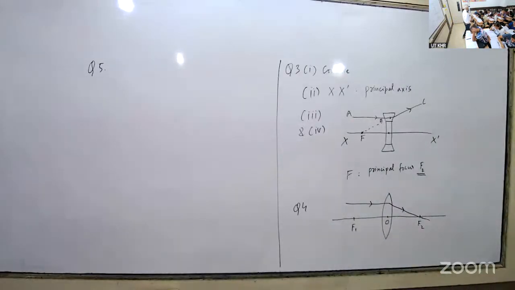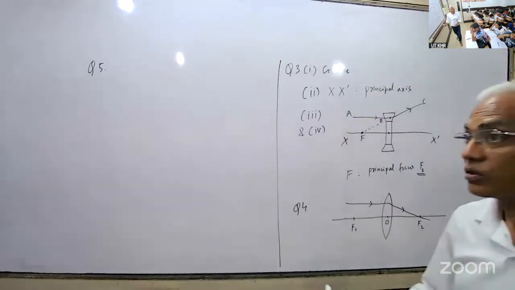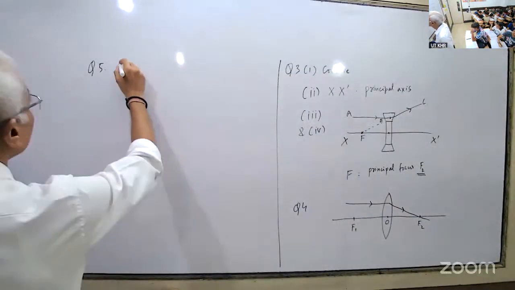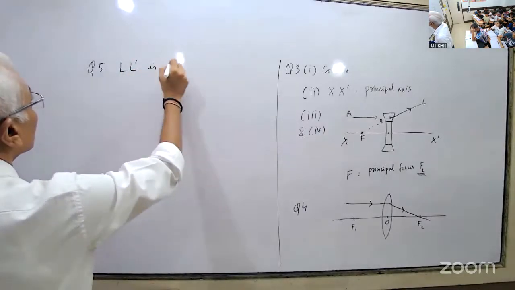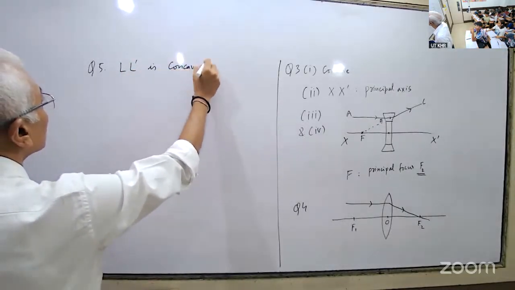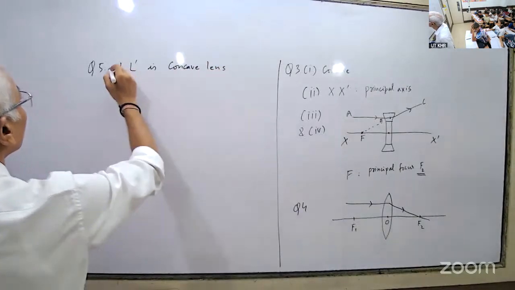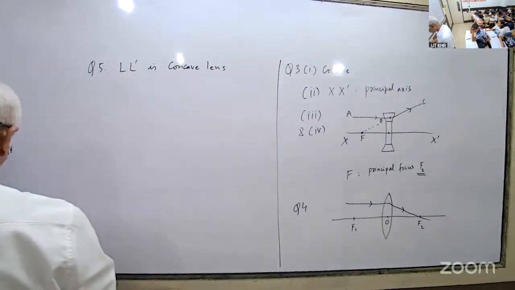What is happening to the refracted ray? Diverging or converging? What will be the lens? Diverging lens. It is concave. So LL dash is a concave lens. This is 5.1.